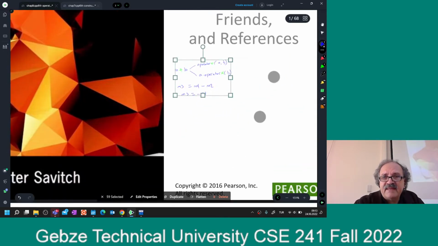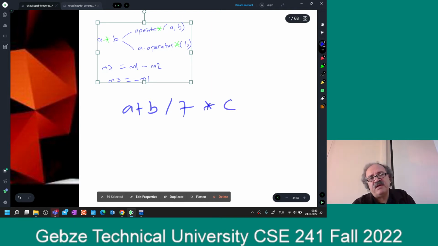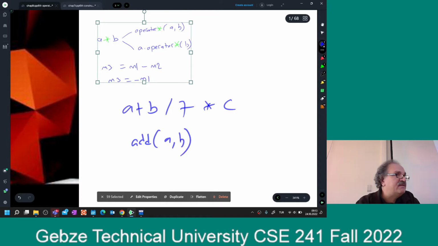more conveniently. So I can say things like a plus b divided by 7 and multiplied by c. I can write this a plus b very easily; it's just add a b. But this looks like it's not going to work because there are the precedence rules.